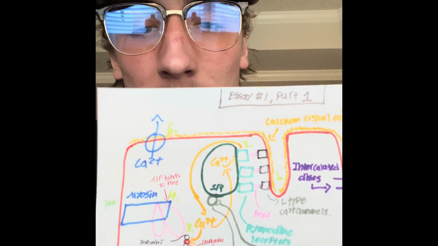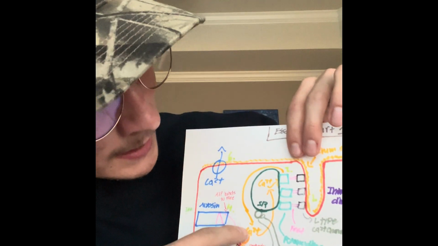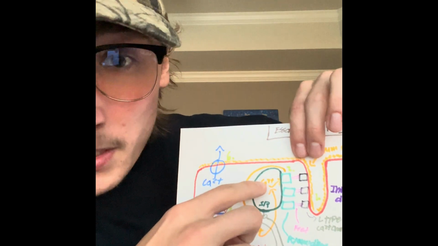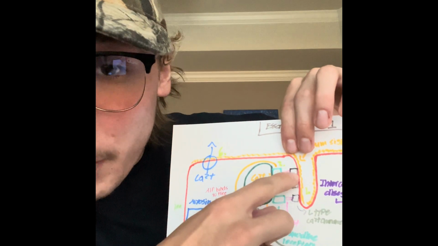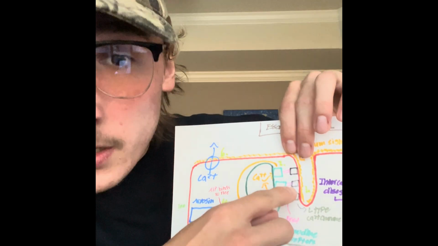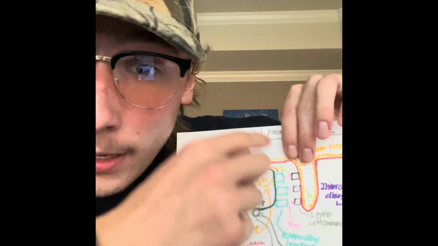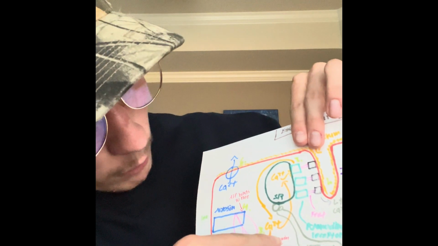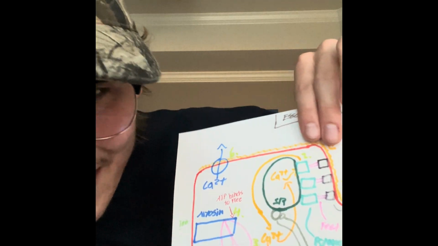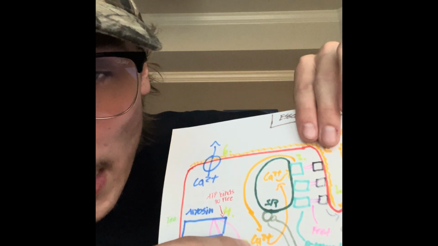It's trying to grab on to actin. But there's something called a troponin-tropomyosin complex, which is blocking the binding sites of actin so that myosin is unable to grab it. So what happens is this calcium that was released from the sarcoplasmic reticulum, because that calcium signal was sensed by the L-type calcium channel receptors and passed on to the feet of the ryanodine receptors, is now going to bind to this troponin C molecule, this little red circle.